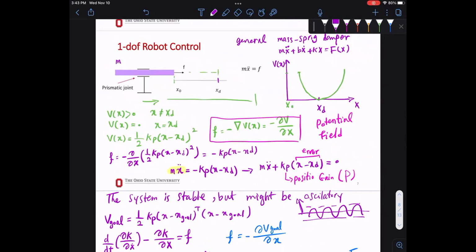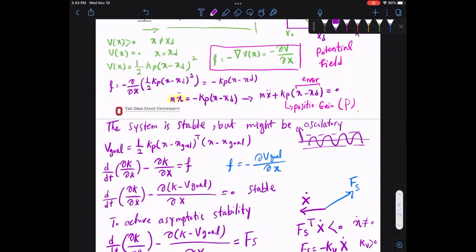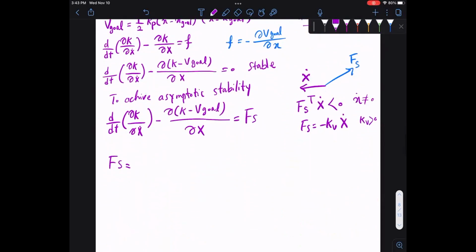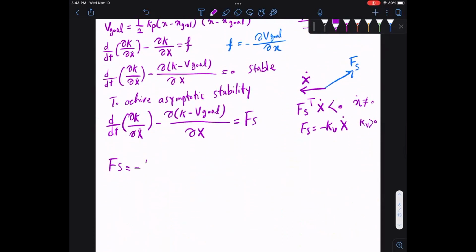If I start from any position and want to go toward the desired, I have to have a force that moves the object in the direction that I'm expecting, right? So here, this was our control law, right? So my F would be negative Kp times x minus x goal, or x desired, minus some Kv times the velocity.